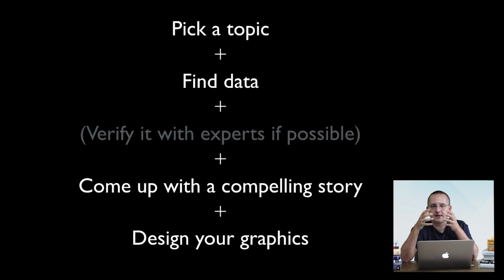Things that you really care about. Then try to find sources for data related to those topics. Then try to verify the quality of those data if you have the chance, consulting with experts, for example. Try to extract meaning from those data in order to come up with the stories that you can tell, and then tell those stories through the design of graphs, maps, charts.